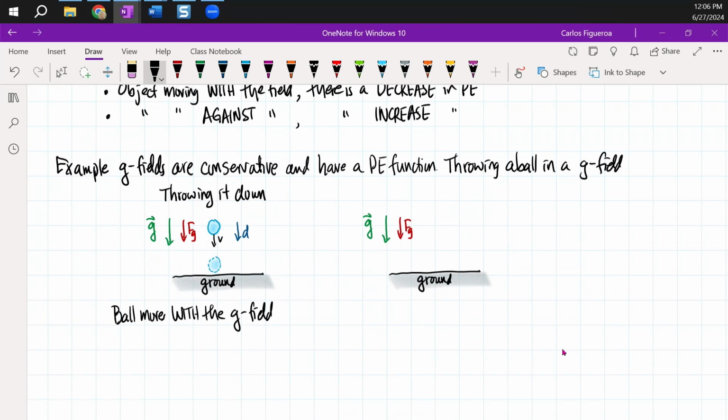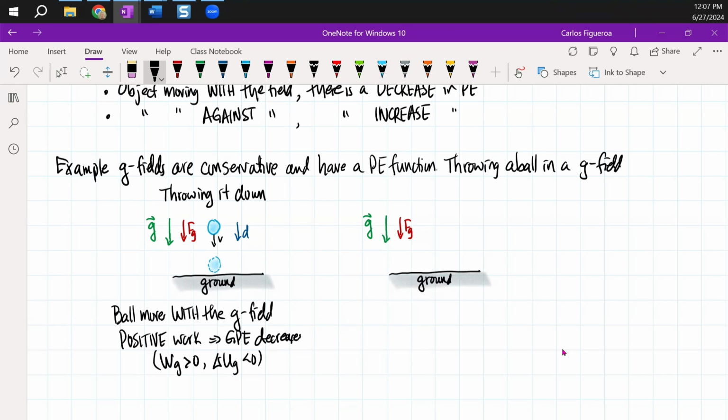The displacement and the force are in the same direction. That means it's positive work. But we know that the gravitational potential energy decreases as it moves downwards. In other words, positive work in the direction of the field results in a gravitational energy decrease.